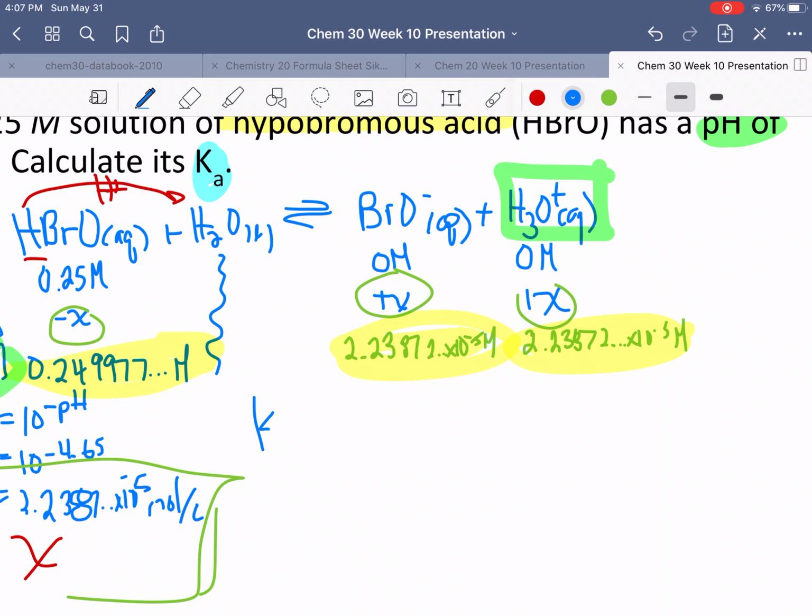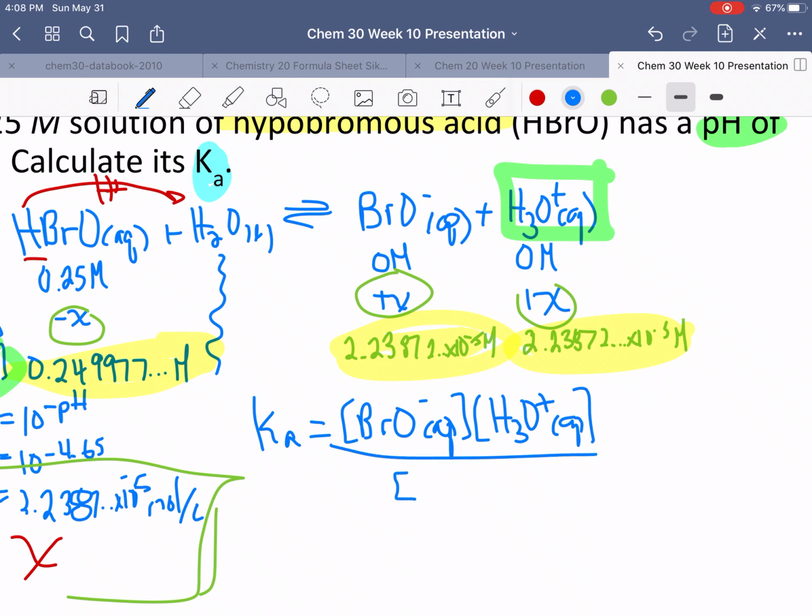I also have the ability to create an equilibrium law. Ka equals the concentration of the products, BrO negative aqueous and H3O plus aqueous, to the exponents of their coefficients. These are coefficients of 1, so that's super easy. This is divided by the concentration of HBrO aqueous.